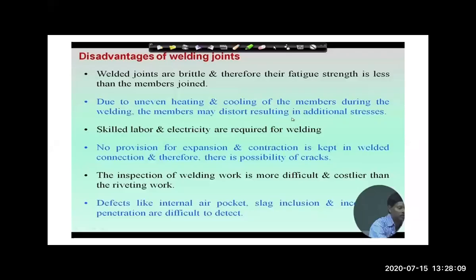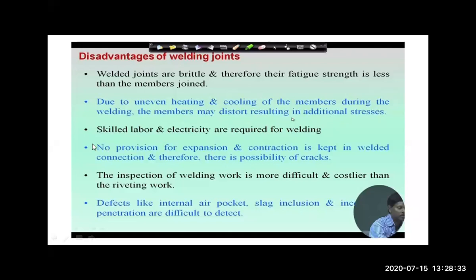So you have written some pointers related to the disadvantages. You can see here, it is brittle and a fatigue joint. Then due to heating and cooling, additional stresses may develop. Then skilled labor and electricity are required for the connection.